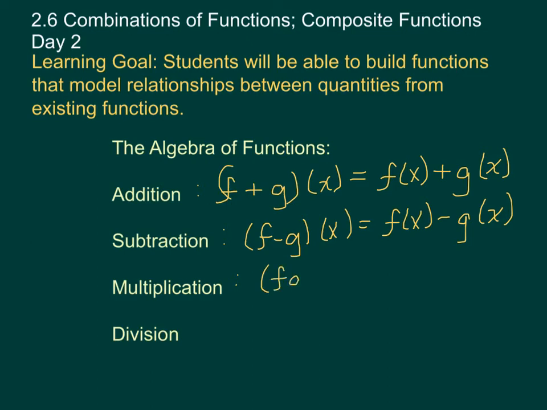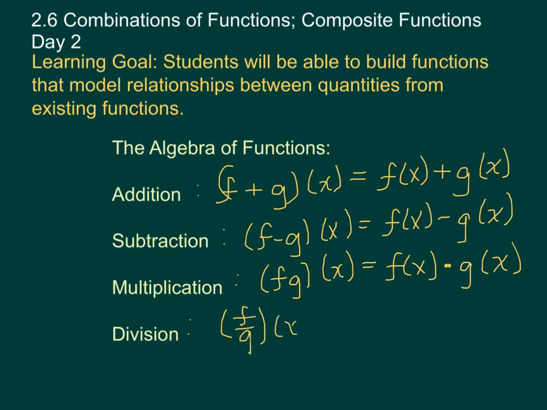Multiplication or product. You're going to be taking f of x and multiplying it by g of x, which will either require you to distribute or FOIL. And division. You're going to take f of x and divide it by g of x.